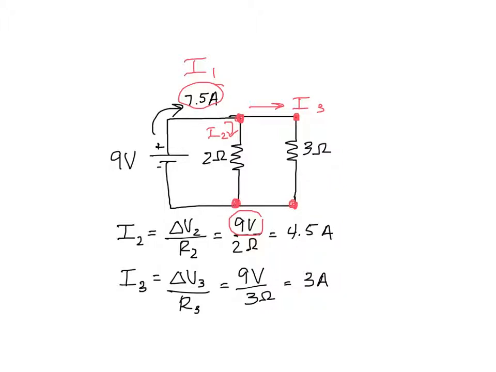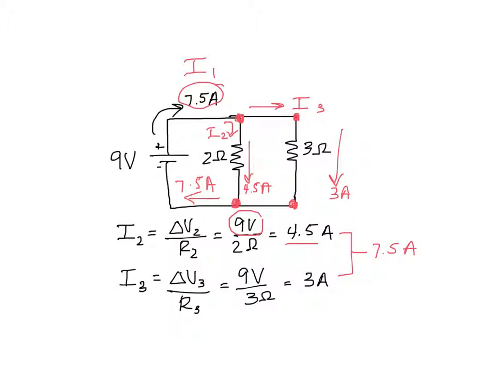So 9 volts divided by 2 ohms is 4.5 amps passing through this one. This guy here has 9 volts divided by 3 ohms. It has 3 amps. And sure enough, these two add up to 7.5 amps. So when they come back together, you have your 7.5 amps again coming back into the battery.